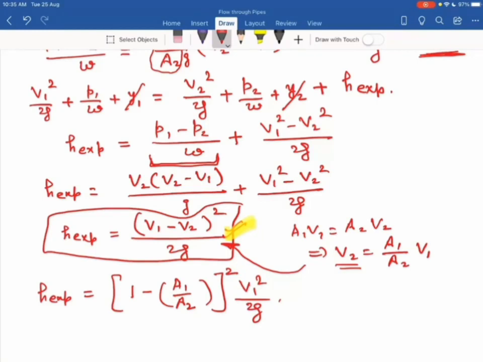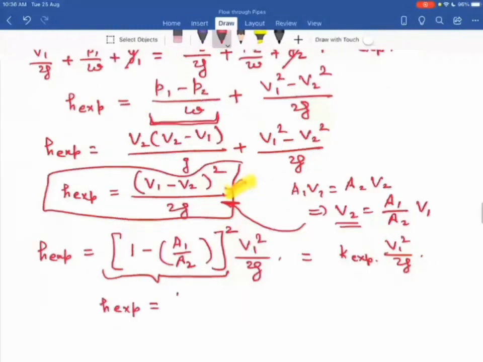Now further, this term depends upon the shape of the pipe. So I write it as one constant, that is KEXP into V1 square divided by 2G. So I write simply HEXP is equal to KEXP V1 square divided by 2G.